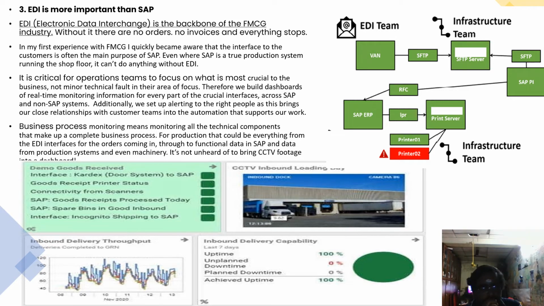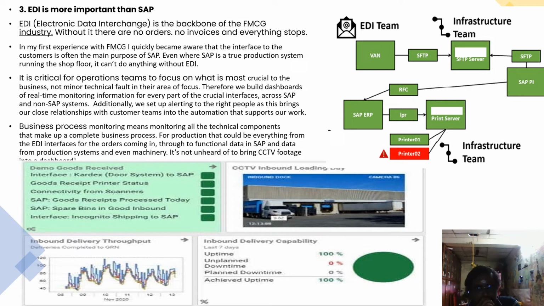Business process monitoring means monitoring all the technical components that make up a complete business process. For production, that could be everything from the EDI interfaces for the orders coming in, right throughout the entire process, the functional data in SAP, data from production systems, and even machinery, right? So all the things are monitored in the business process end to end.